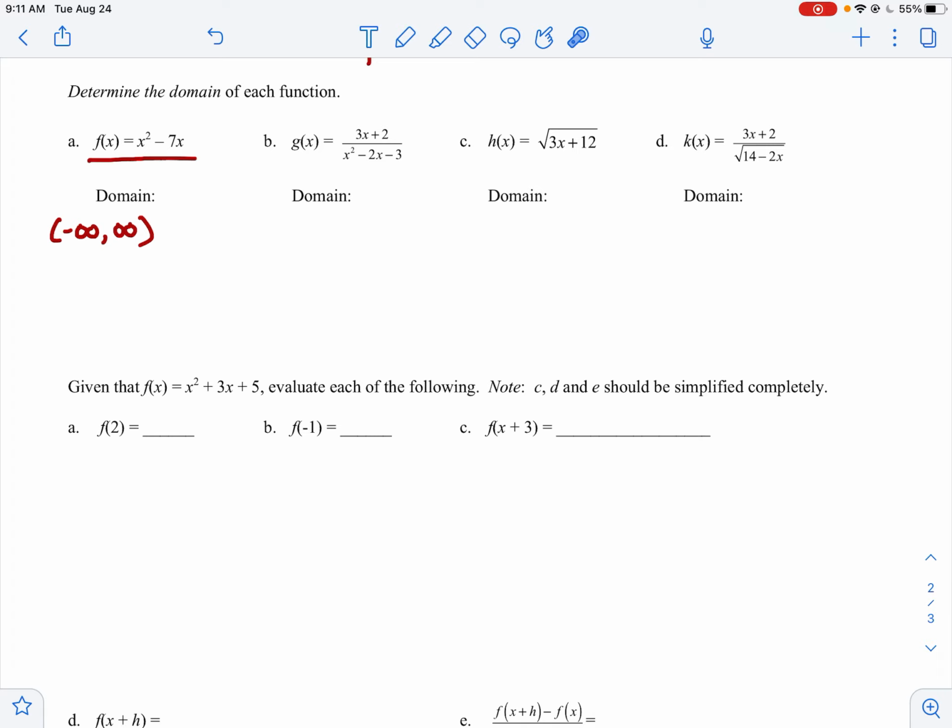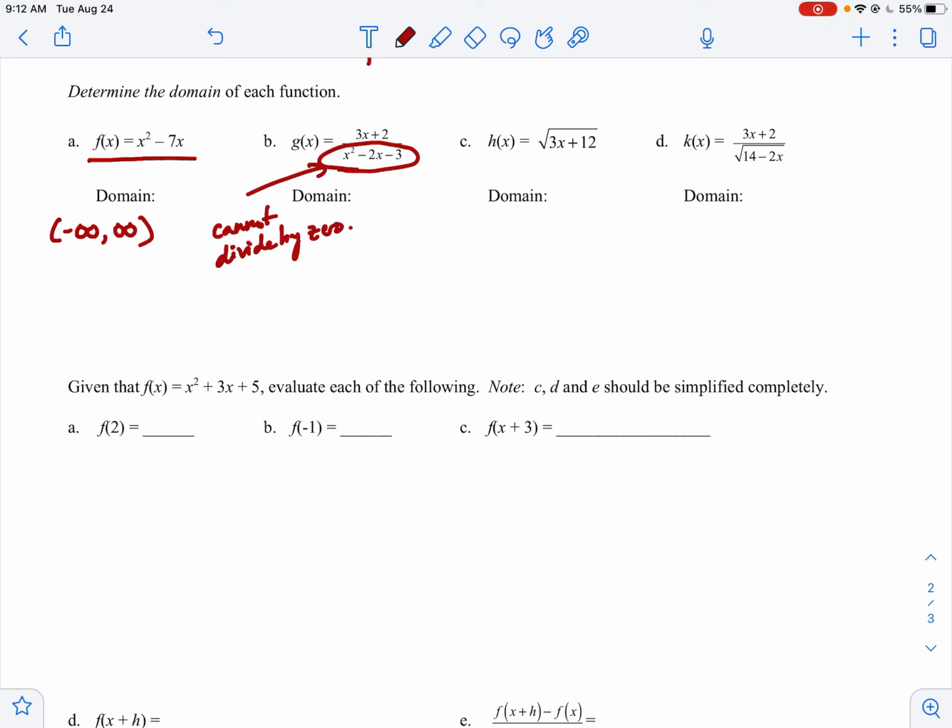However, in mathematics, at least up until now, there's really only a few types of functions that have limitations. And one of those is fractions, right? Because down here in the bottom, we're not allowed to divide by 0.